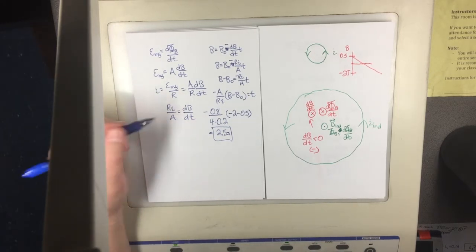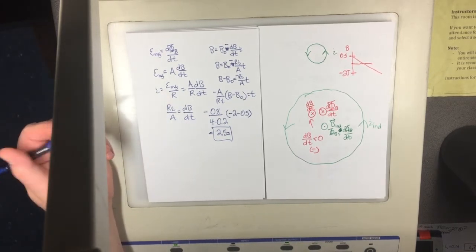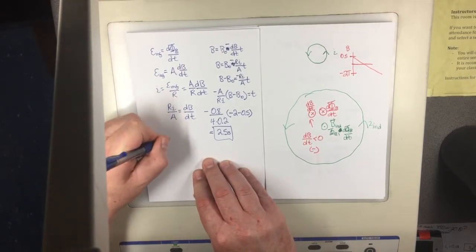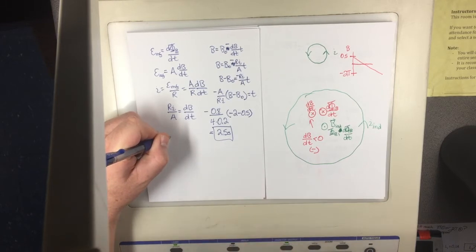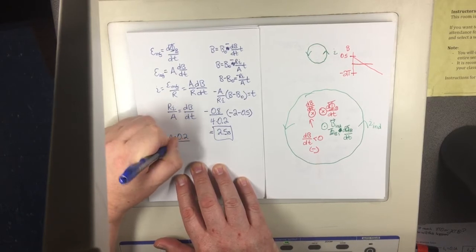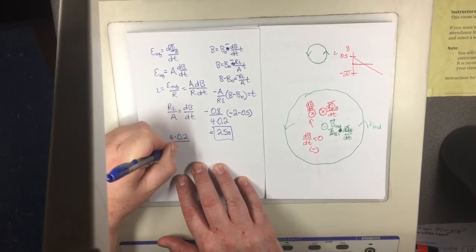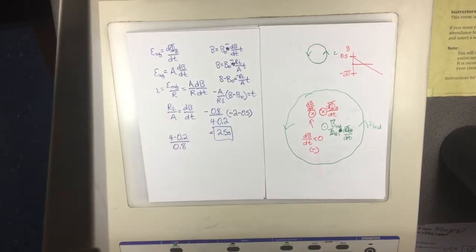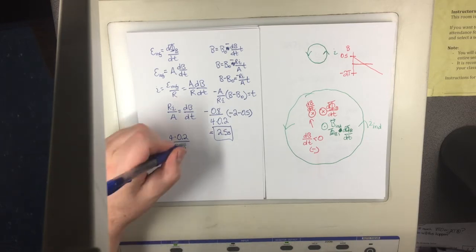So if I just said, well, give me the value of the change in magnetic field, what I would do is I would take R, which is 4, times I, 0.2, divided by the area 0.8, and that gives me the magnetic field change, which is 1.